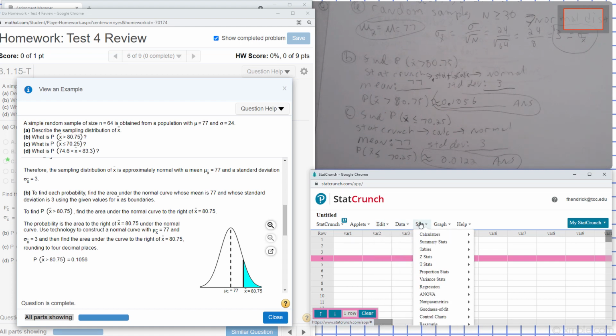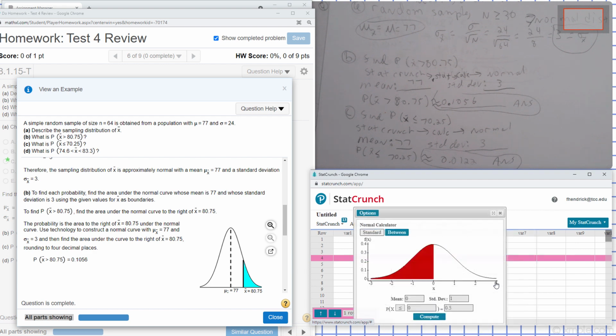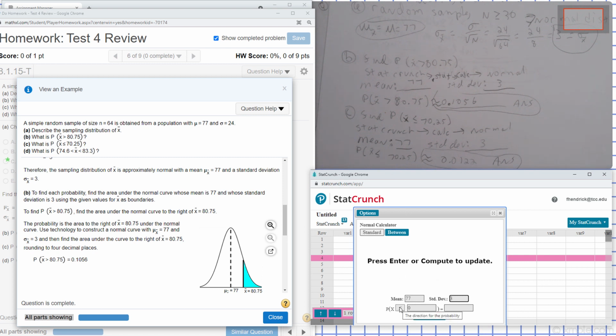So go to stat, and then calc, and then normal. And then my mean is 77. Standard deviation is 3. In this case, the sample mean is less than 70.25.